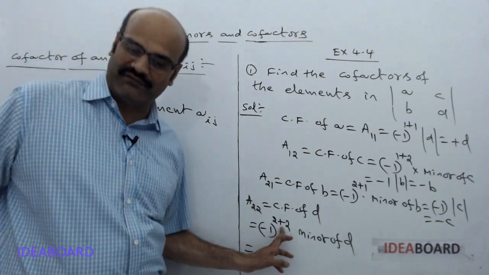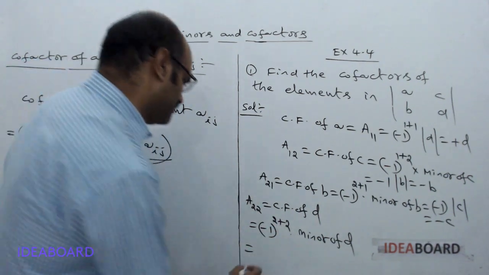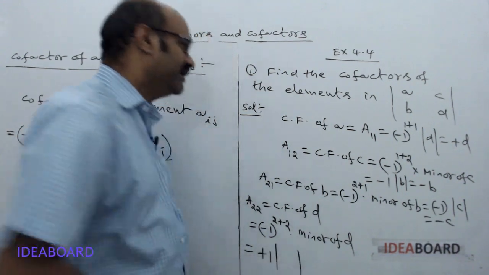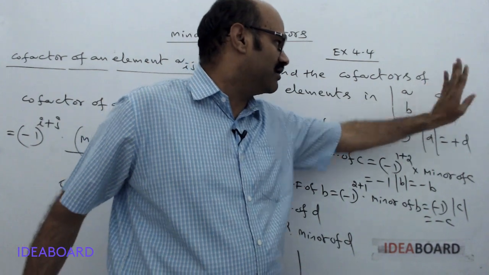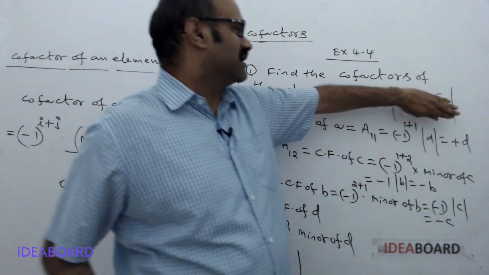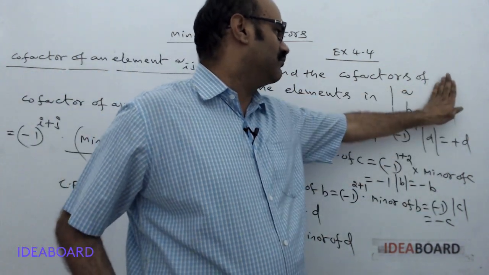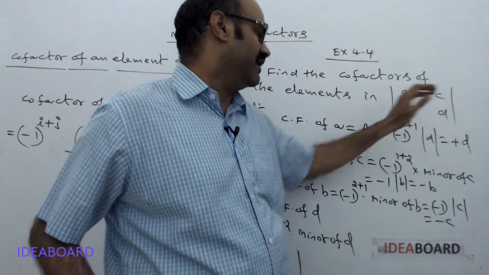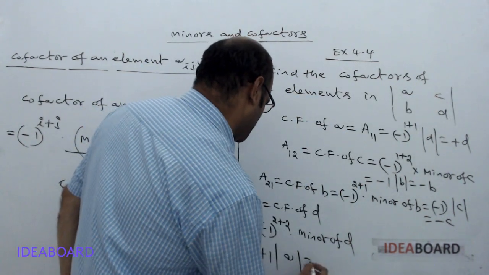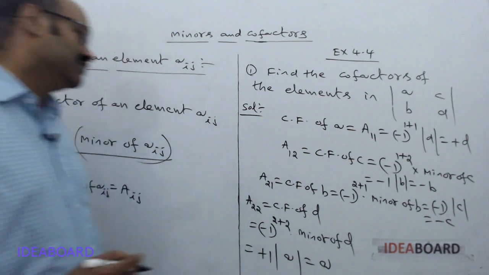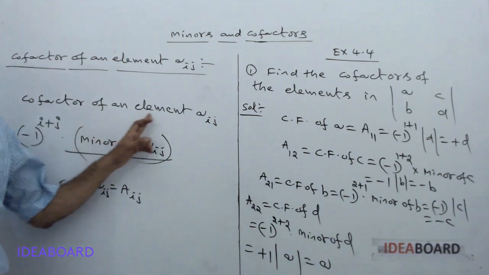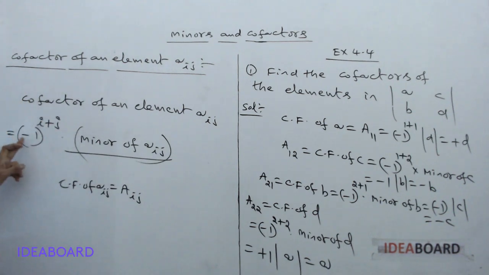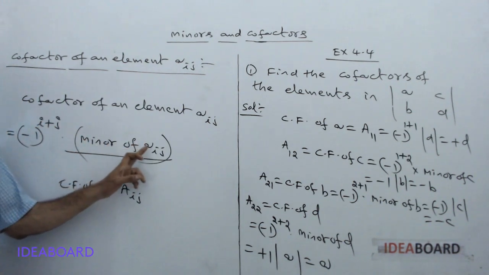Minus 1 whole power 4 is always equal to plus 1 into minor of D. Minor of D: remove second row and second column, and we get the element A. So determinant of A equals A. So the definition of the cofactor of an element Aij is always equal to minus 1 whole power i plus j into minor of Aij.